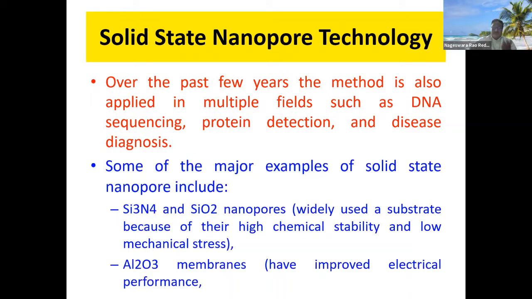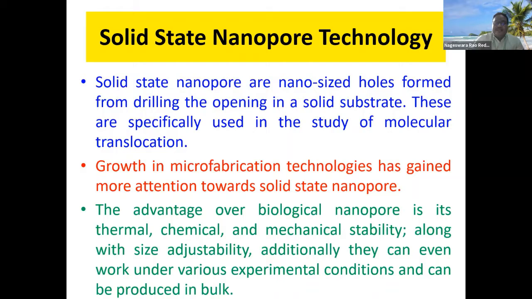Okay, so this is what is there with solid state nanopore. So the advantage here is we can easily diagnose the disease, identify the proteins, and sequence the DNA. Okay, and we were able to easily make it, and we definitely get chemical, heat and mechanical stability with this.